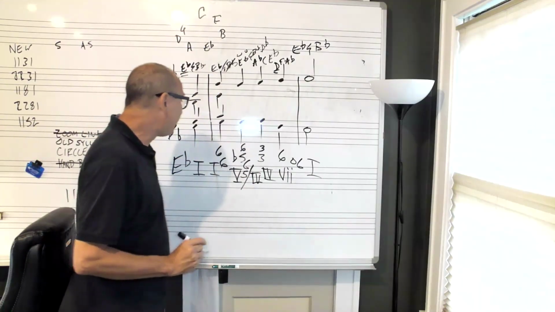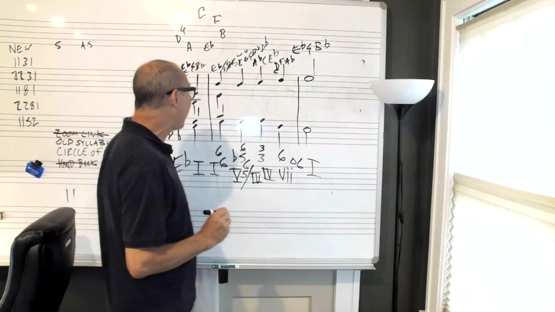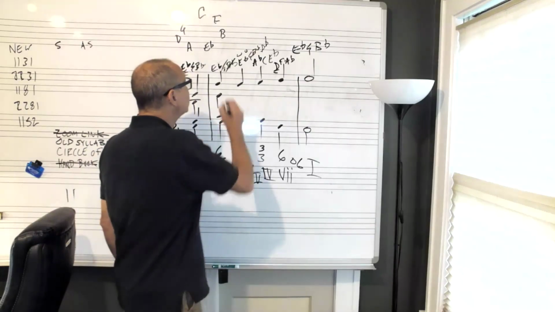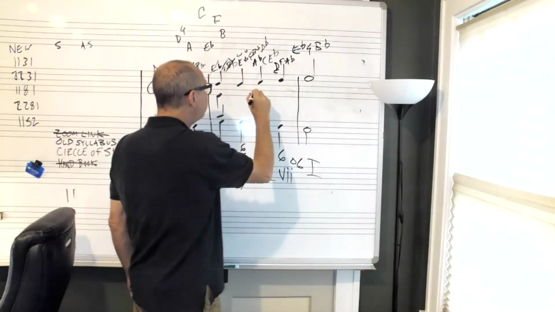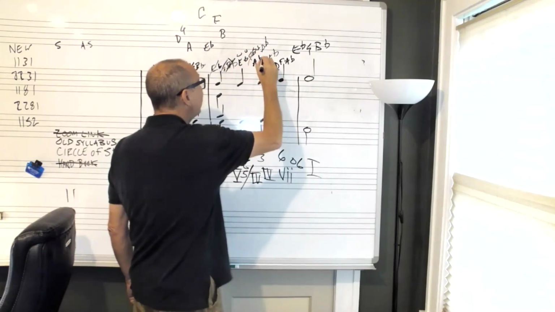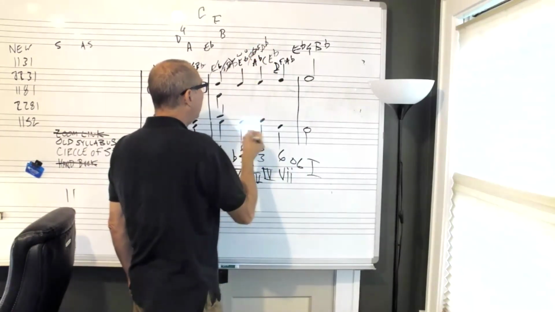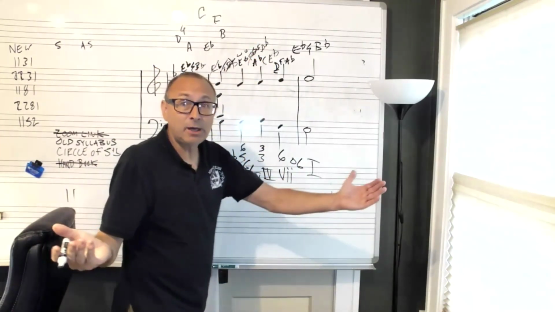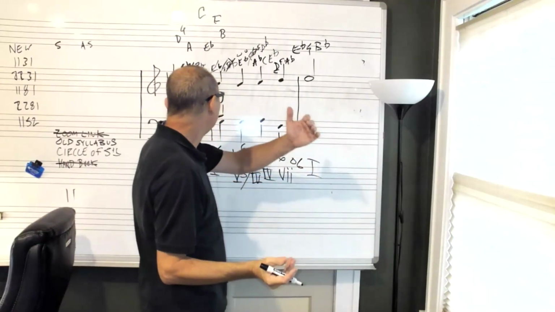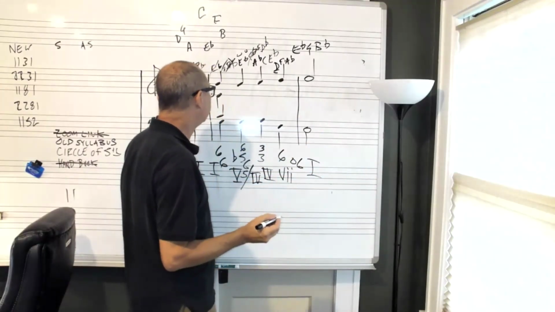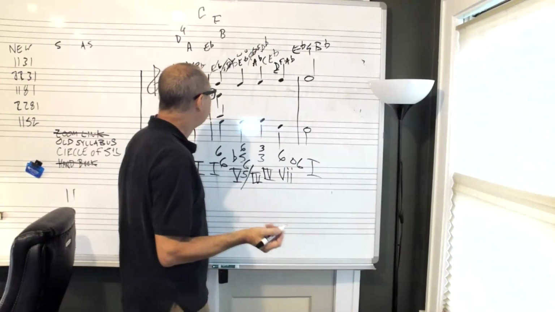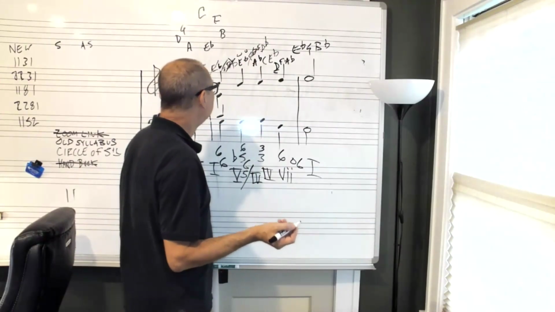Okay, now we have the dominant seventh chord of A flat. So we're just going to keep crossing off notes. We have the G, we have the B flat. Keep the common tone if you can, but you can't always keep the common tone, and it's okay if you don't.